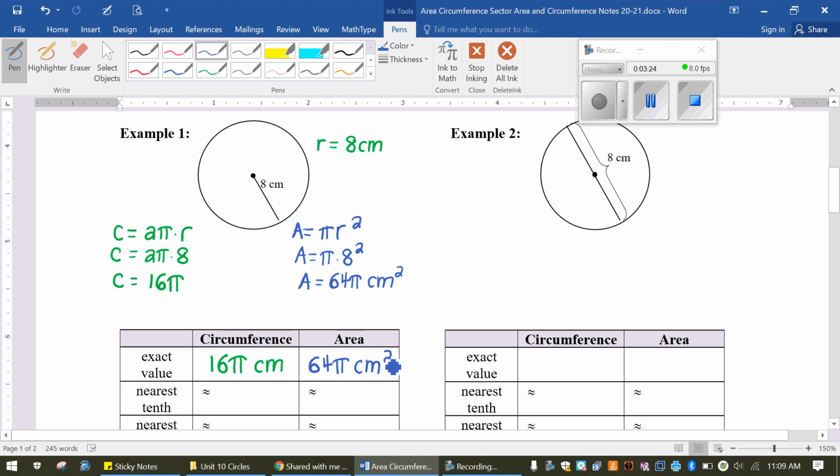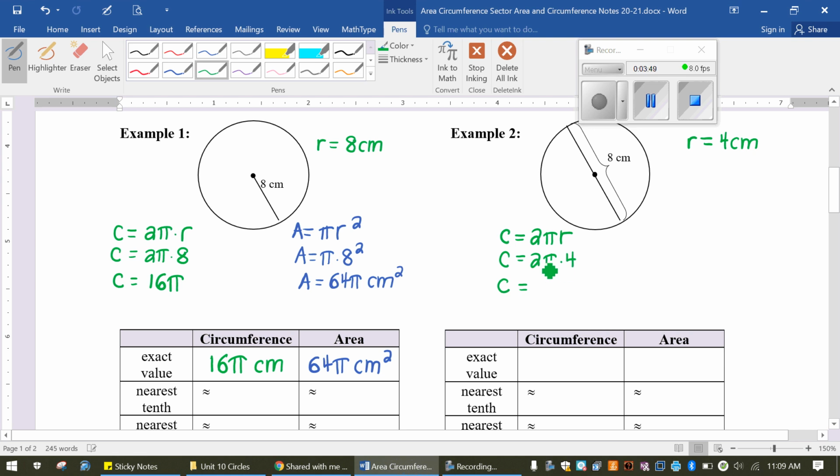Okay, let's do the same thing over on number 2. So this time we're given the diameter. So if the diameter is 8, halfway would be our radius, which is 4. So our circumference, again, 2 pi r. So 2 pi times 4.